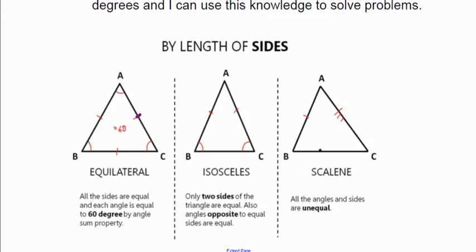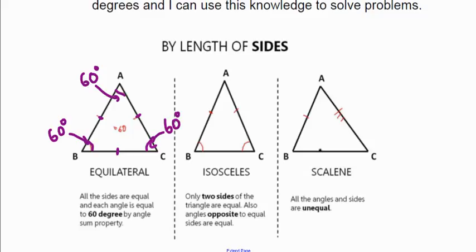So all 3 sides are the same, and as a result, all 3 angles are the same. In fact, all 3 angles are 60 degrees. This is 60 degrees, this is also 60 degrees, and this one is also 60 degrees. That is what makes an equilateral triangle an equilateral triangle.